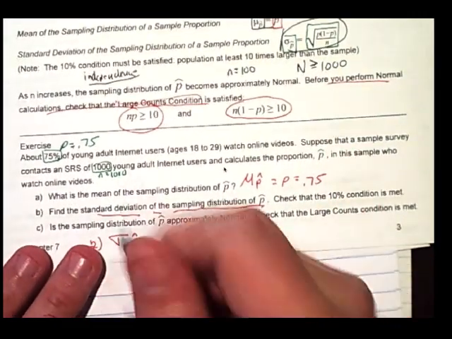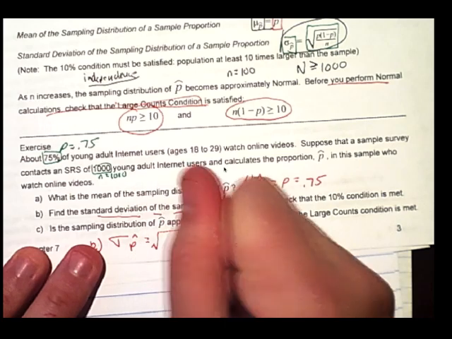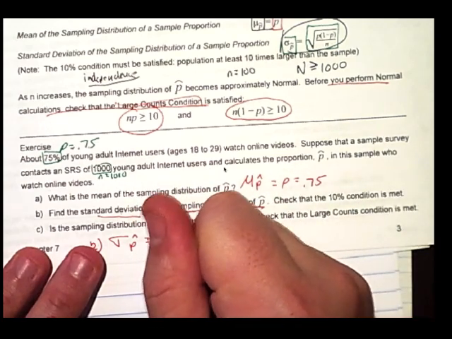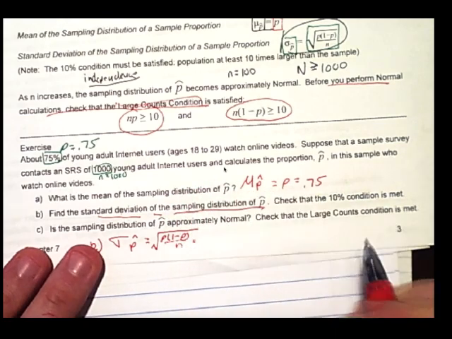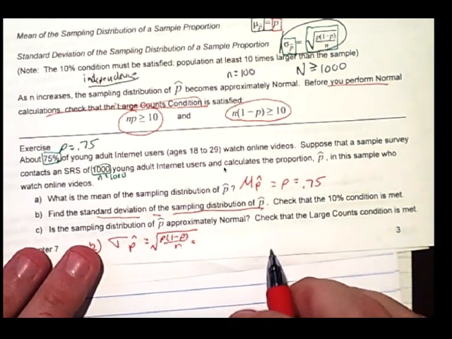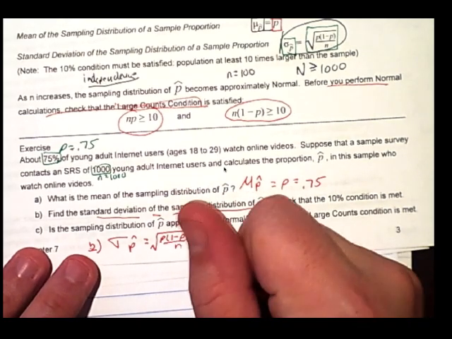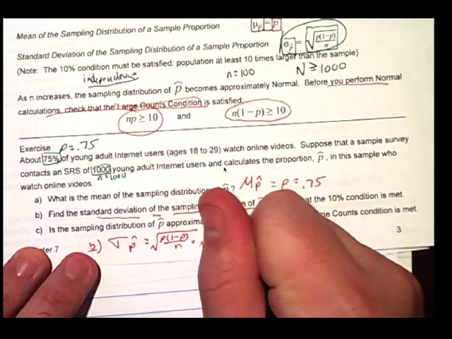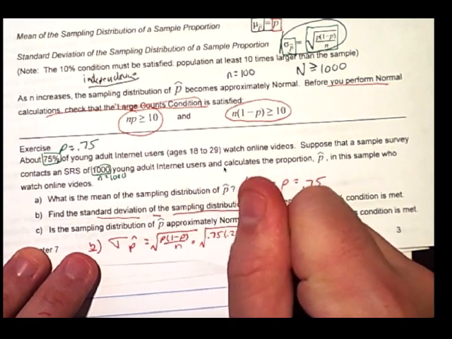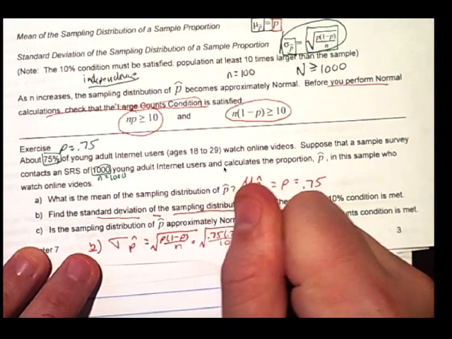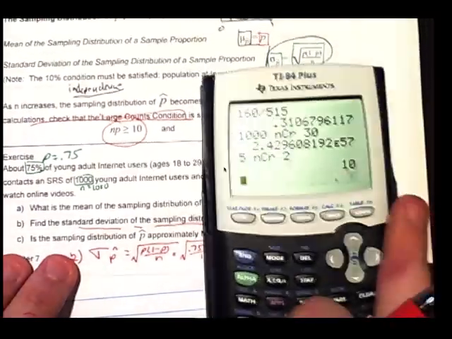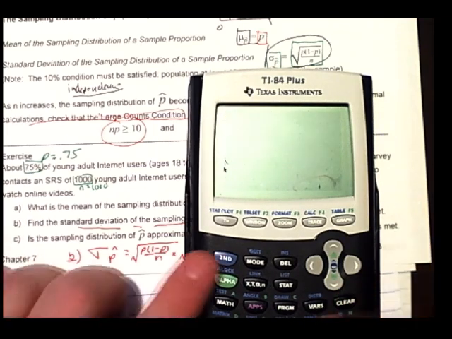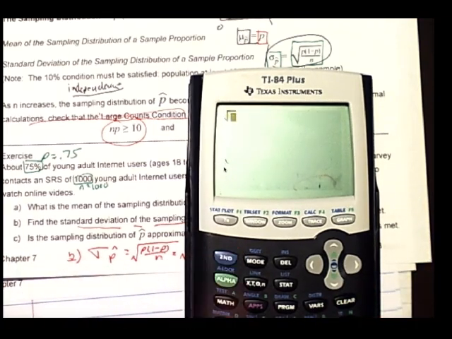So I'm going to take the square root of rho times 1 minus rho all over n. Again, this is part B. So I would take 0.75 times 0.25 all over 1,000 and put it in under a square root. We can do that in one step in the calculator.